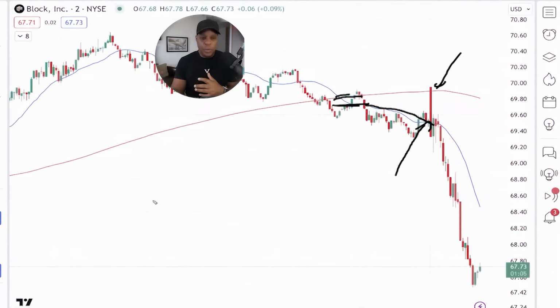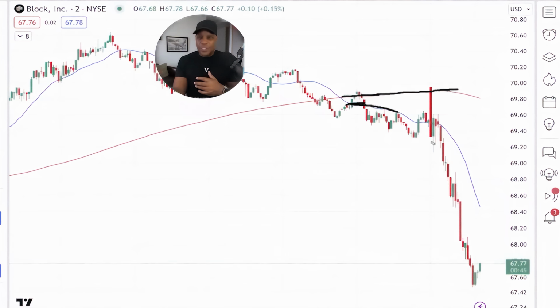So remember when I told you that markets start from narrow and they start going wide this way, or they start going wide that way. So what you see here in this state is that square is starting to go wide this way. All right, it's very clear.